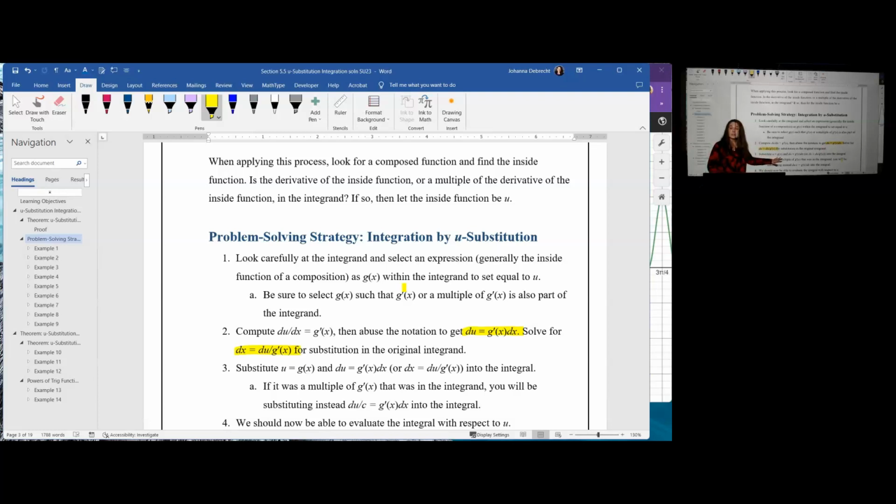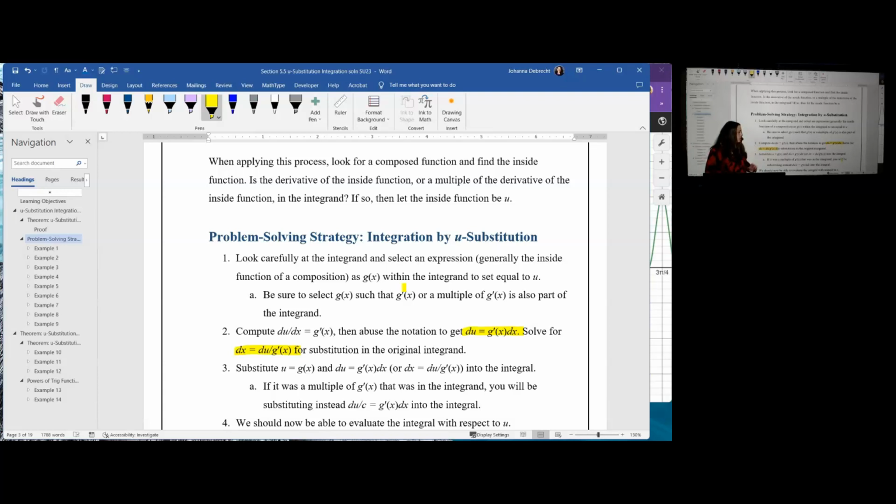The next step is to complete the substitution. Replace g of x with the variable u and either replace g prime of x dx with du or dx with du divided by g prime of x. Both methods work always, so you can choose the one that feels the most comfortable for you.